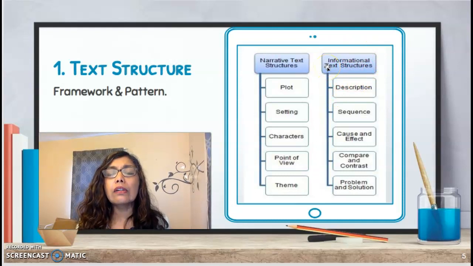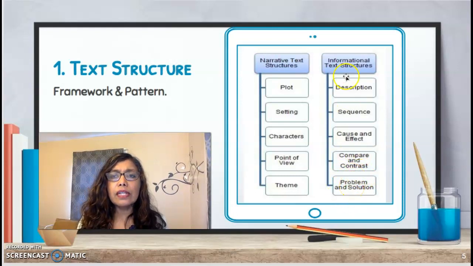Expository text includes descriptive text, or maybe the text is organized in a sequential pattern, or it might be a cause and effect text, or the author may be comparing and contrasting, or the text might have a problem and a solution. So let's talk about this in detail.